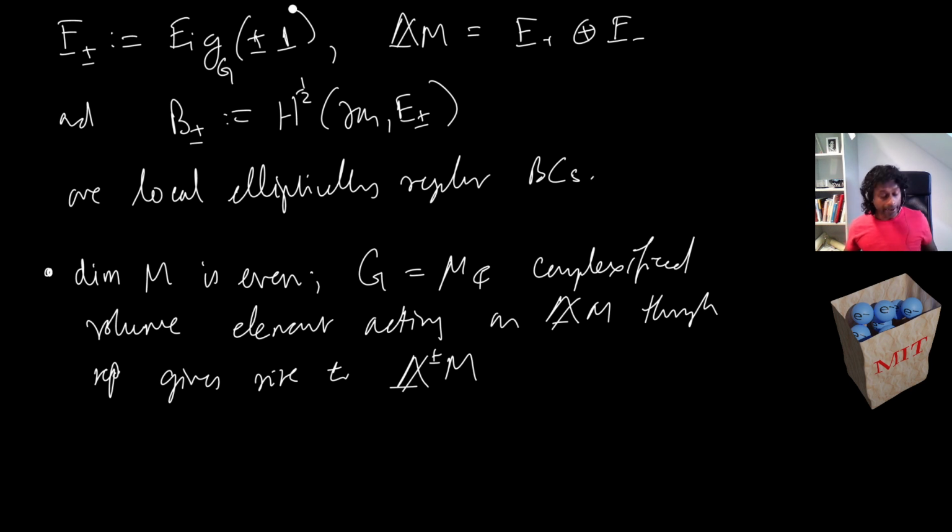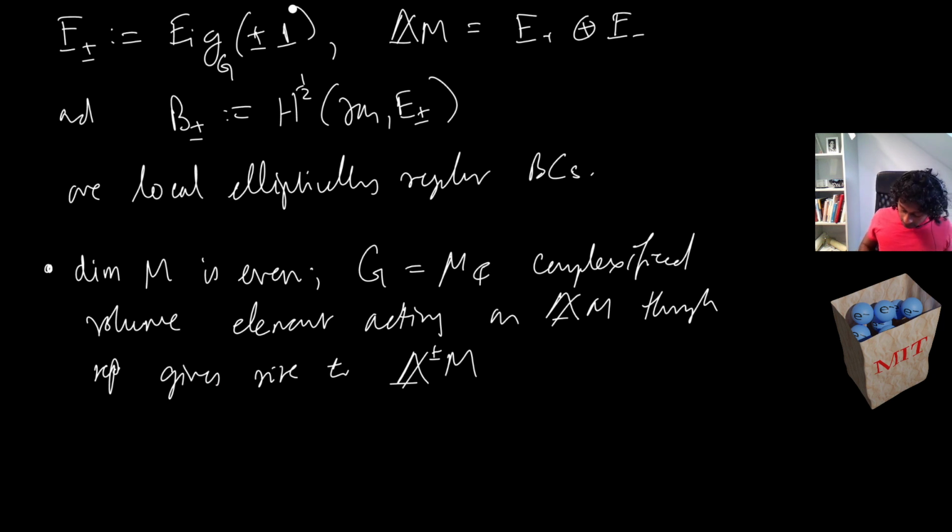This is the splitting into the plus minus eigenspaces of the spin bundle.